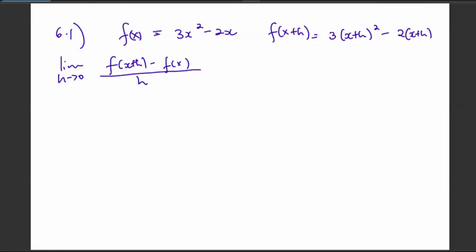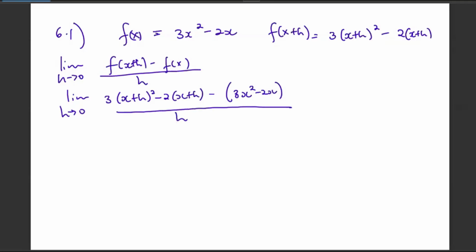So we do the substitution. Limit as h tends to 0. We're going to have 3 into x plus h squared minus 2 into x plus h. But we are subtracting our f of x, which is 3x squared minus 2x. All this is over the h. Now we need to open up the bracket.